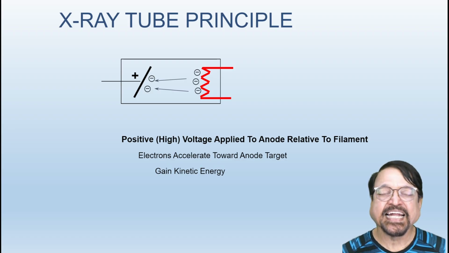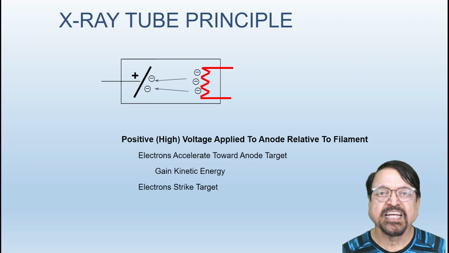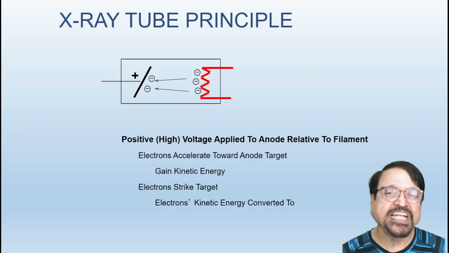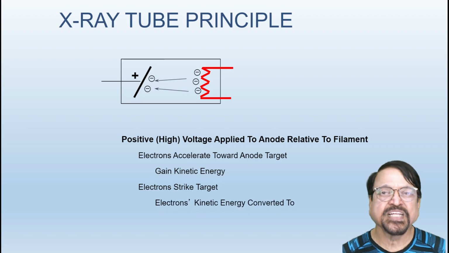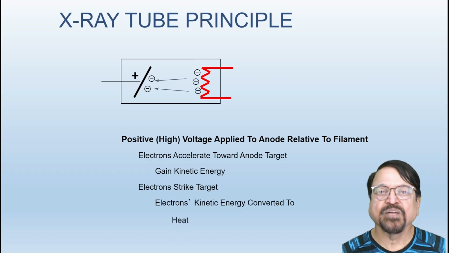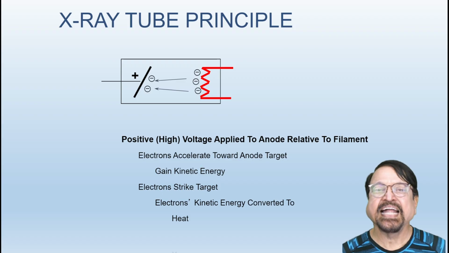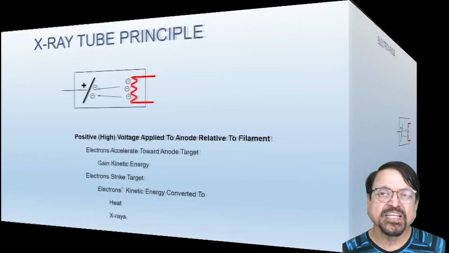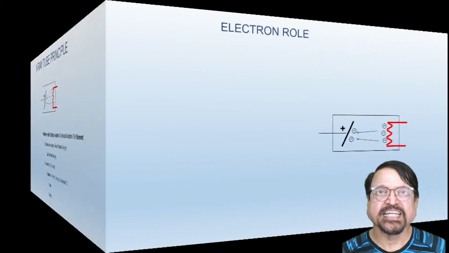They gain kinetic energy because of this potential difference, and become more energetic. These highly charged, high-speed electrons hit the target. The kinetic energy they have gained gets converted into heat and X-rays. So these are the two things that can occur once they are suddenly decelerated.